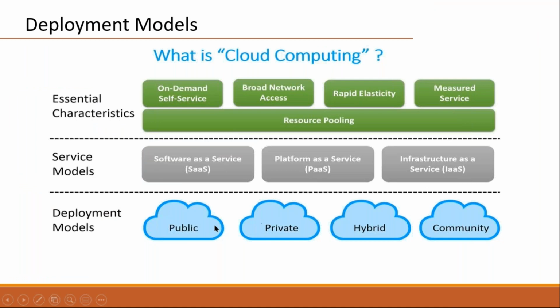So that is what public cloud means: we have data centers already in different locations, in different regions. Here we can place our resources, servers, applications, everything. The second one, private cloud, is for sensitive applications, suppose banking or finance related applications.